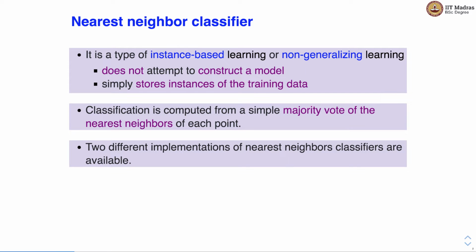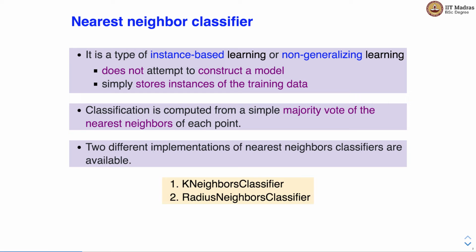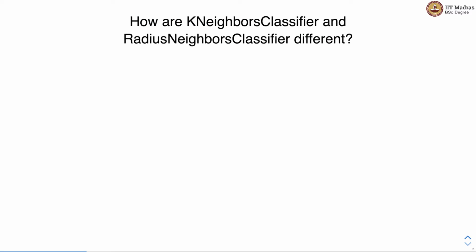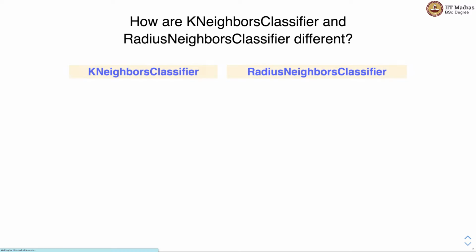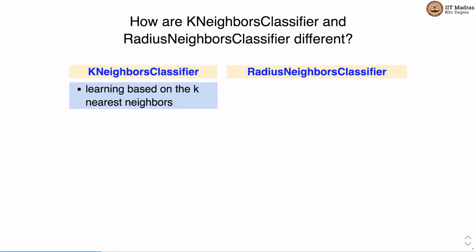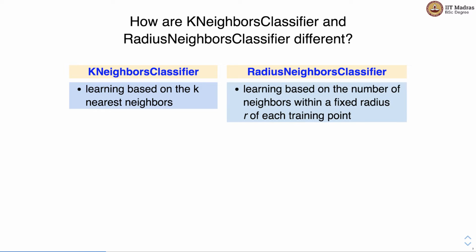There are two different implementations of nearest neighbor classifiers in sklearn. One is KNeighbors Classifier and second is Radius Neighbors Classifier. So let's see how KNeighbors Classifier and Radius Neighbors Classifier differ. KNeighbors Classifier learns based on k-nearest neighbors, whereas the Radius Neighbors Classifier learns based on the number of neighbors within a fixed radius R of each training point.